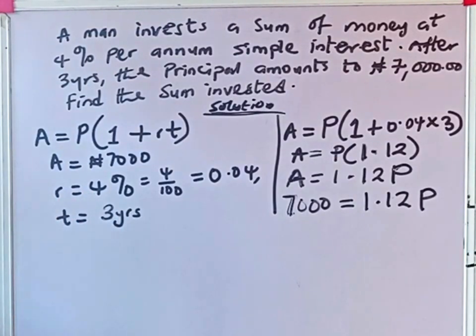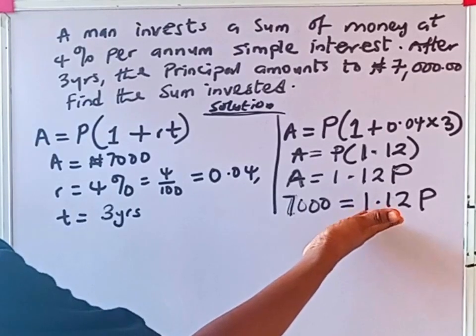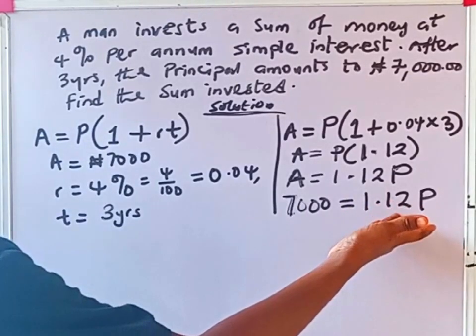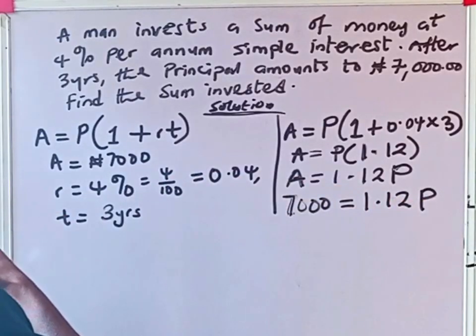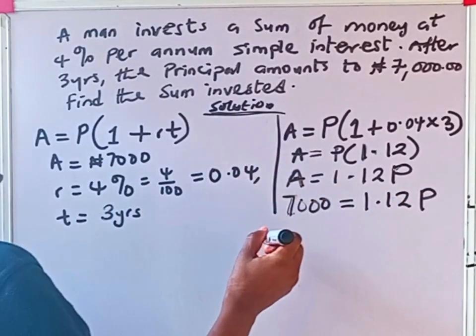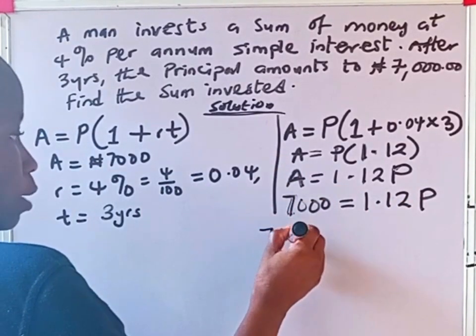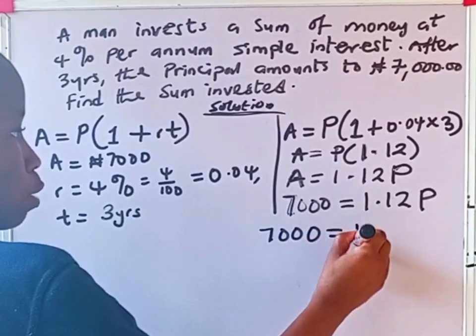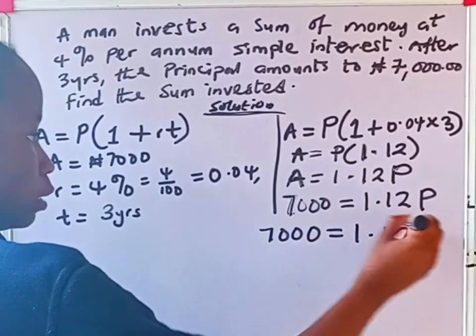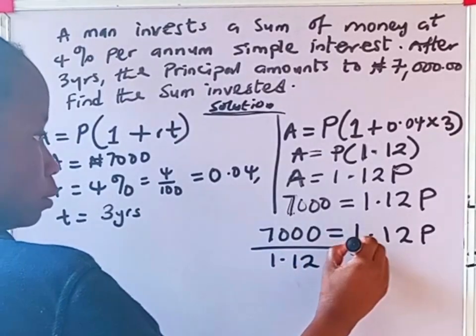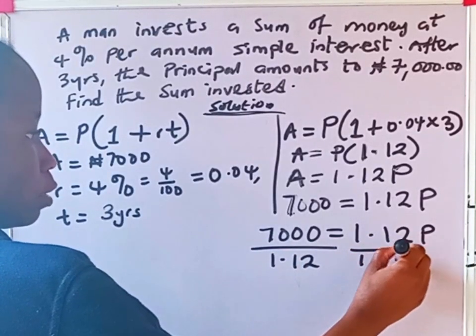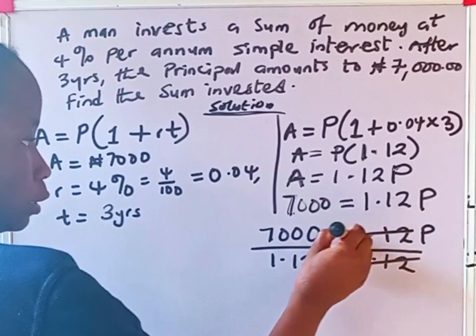So in this case, our coefficient of P is 1.12. So we are going to divide both sides by 1.12. I hope you are following what we are doing here. This will cancel this.